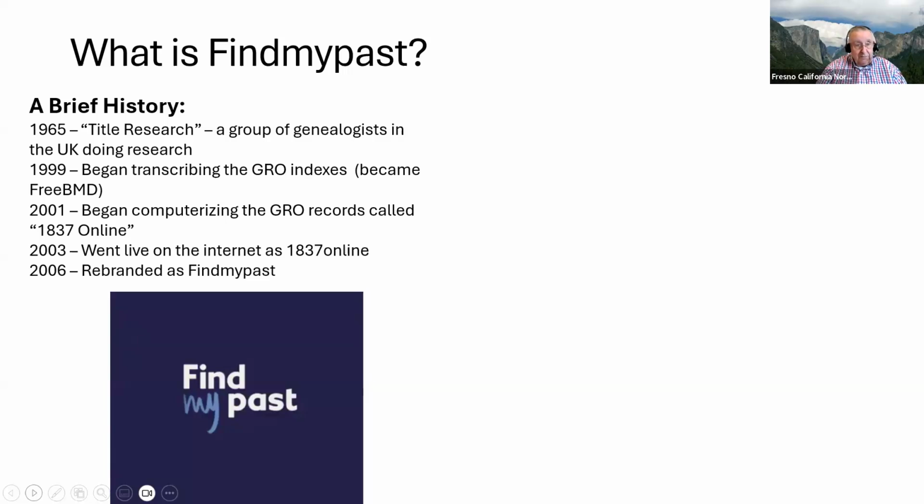This index eventually became what's called FreeBMD, the Free Birth, Marriage, and Death Record Index that's found in the UK. A couple of years later, in 2001, they began to computerize these records, and at first called it 1837 Online. That's because 1837 is when the public records were begun, and they started keeping government records of birth, marriage, and death.